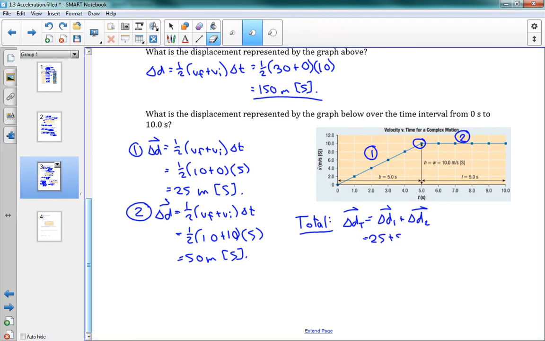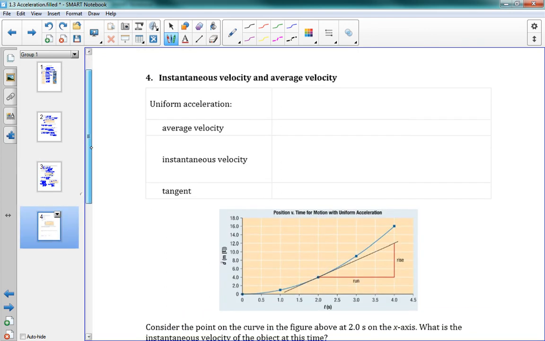Let's clean up that 0 there. So this is 75 meters in the south direction. And there we go. So that was a way of solving this problem, even where there's this strange changing speed, or changing velocity. Okay. We've got one more page here.